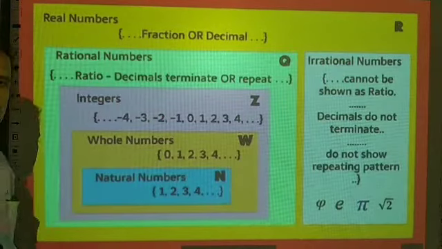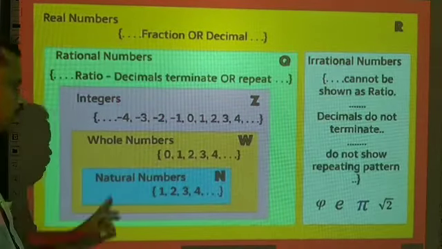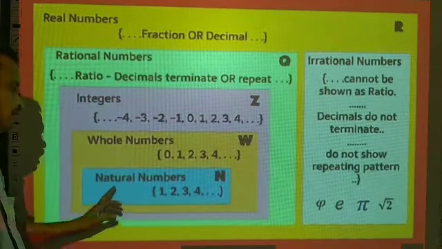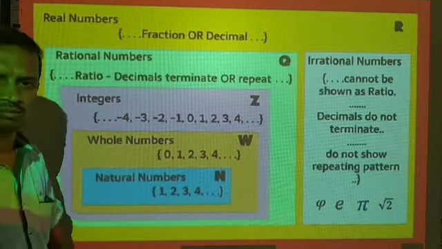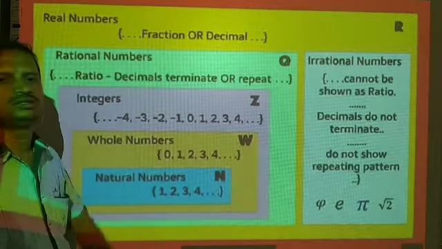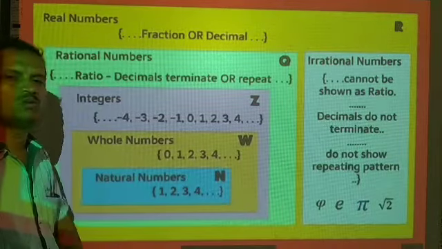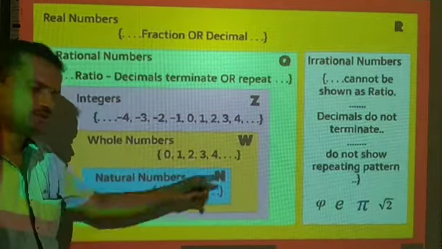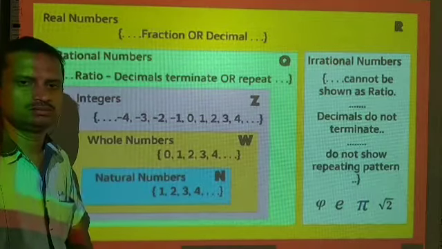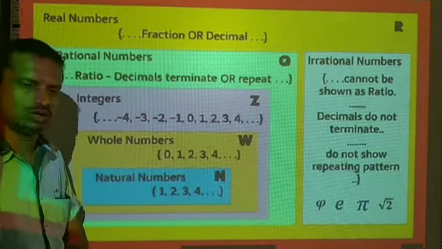Now, just recall what is a natural number. Natural numbers are nothing but counting numbers and are denoted by the capital letter N. Starting from 1, 2, 3, like that, it goes on. So this is called natural numbers.